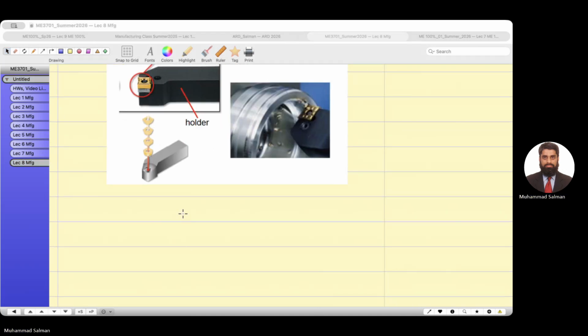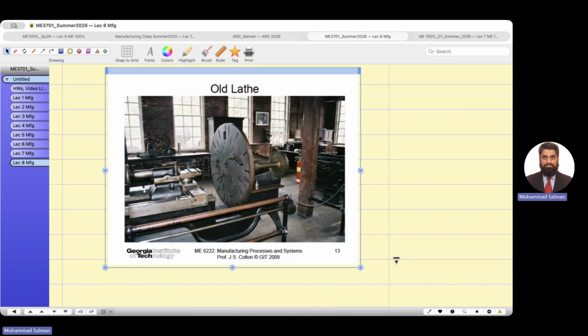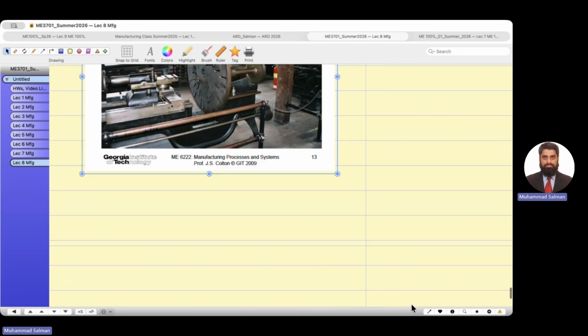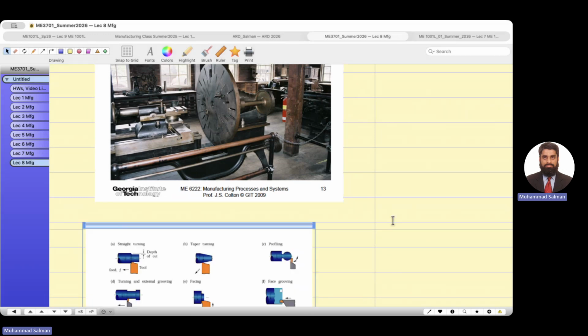So you see the old lathe, a very old lathe. I try to give you the background of where we started with this machine, how it looked, I think this is somewhere in a museum. Do you see? If you can perform more operations, then I will be happy.